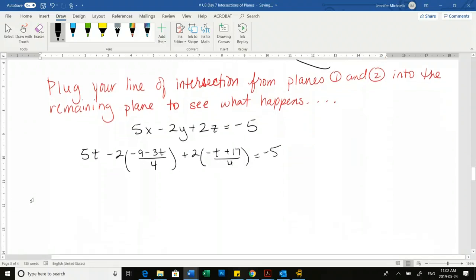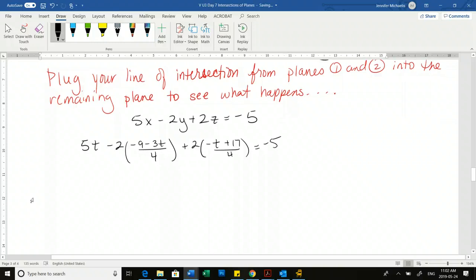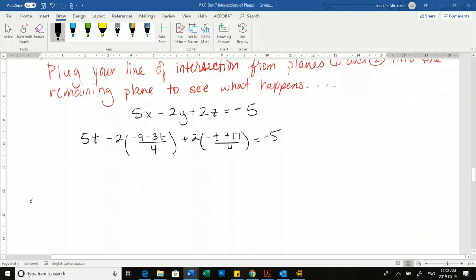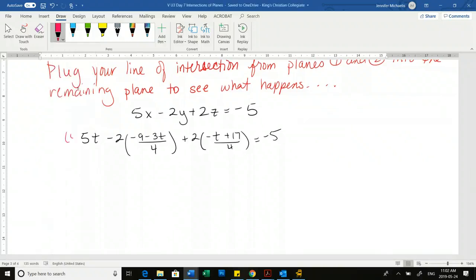I think we could go through here and multiply everything by 4. We also can reduce, so maybe we'll reduce first. Let's do that.